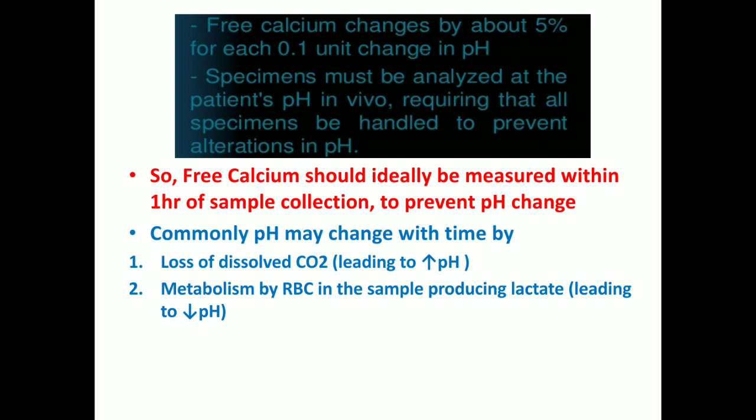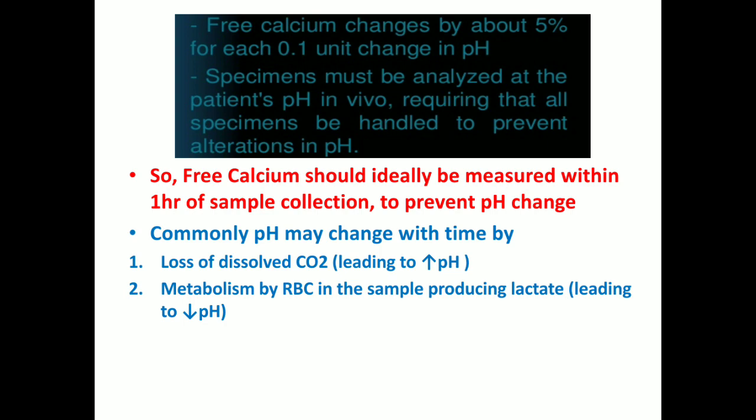Number one, if you keep the sample for too long, then in the blood sample, you know, carbon dioxide is dissolved, oxygen, carbon dioxide, everything is dissolved. More and more carbon dioxide will be lost to air. So the CO2 that was dissolved in blood will be diffusing out and it will go to air.